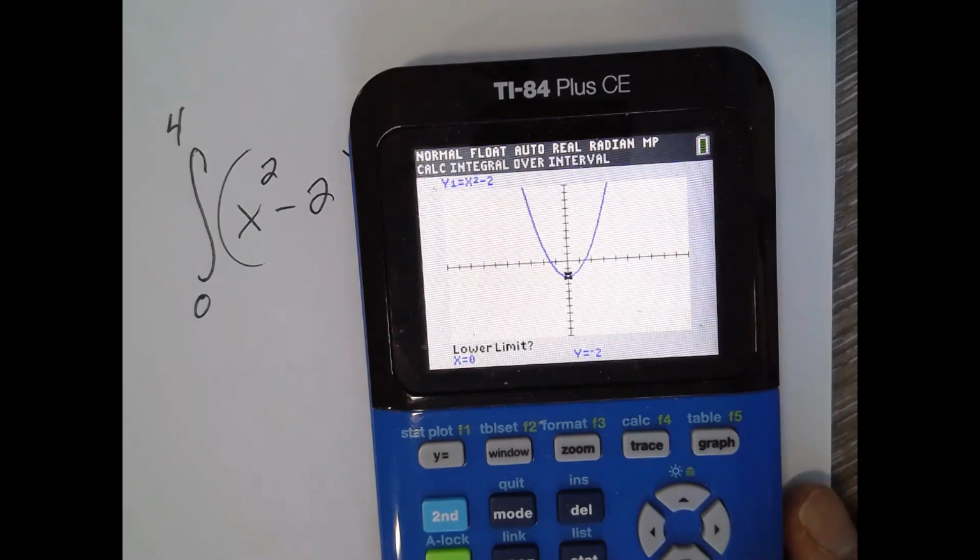And it wants a lower limit, which is a, so 0, and an upper limit, which is 4. Hit enter. And look at that. So 13.33 gives us our answer, and it shades it for us.